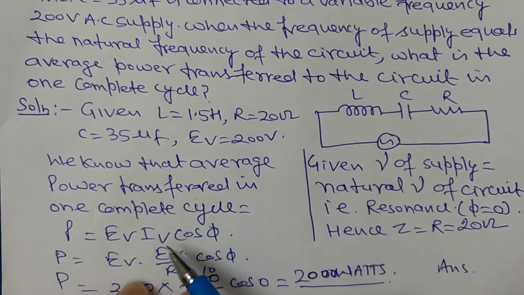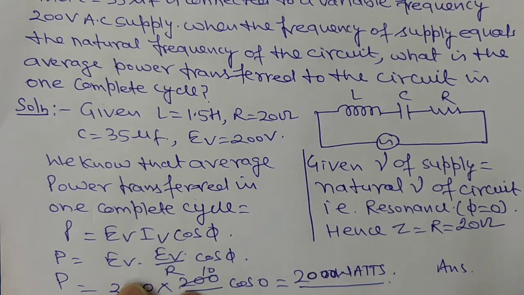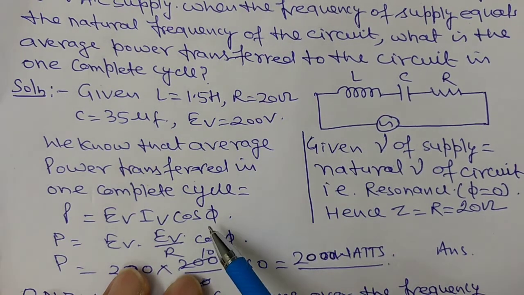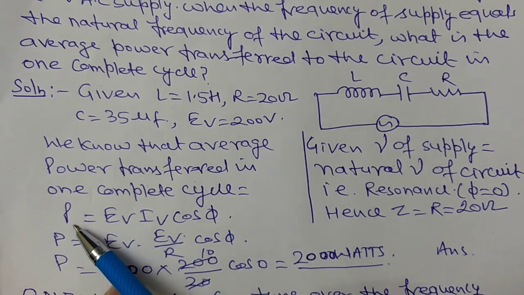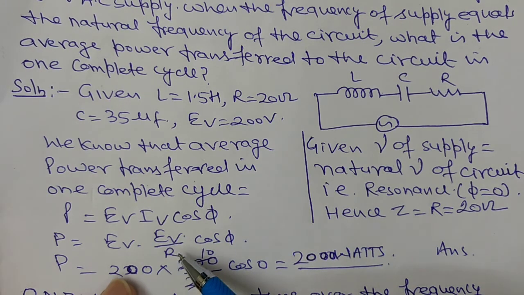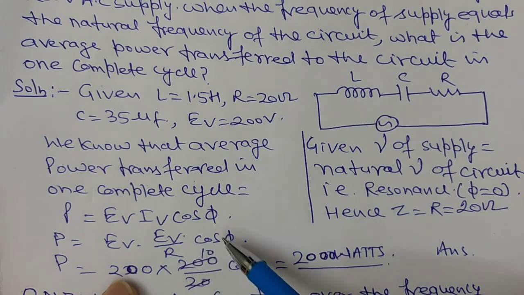We know that average power for one complete cycle, P, is equal to E virtual into I virtual into cos phi. But this I virtual can be written as E virtual upon resistance, because current is equal to voltage upon resistance, as you know, into cos phi.